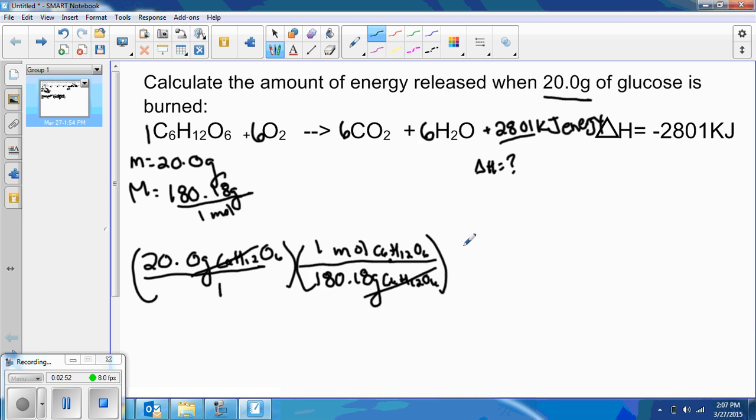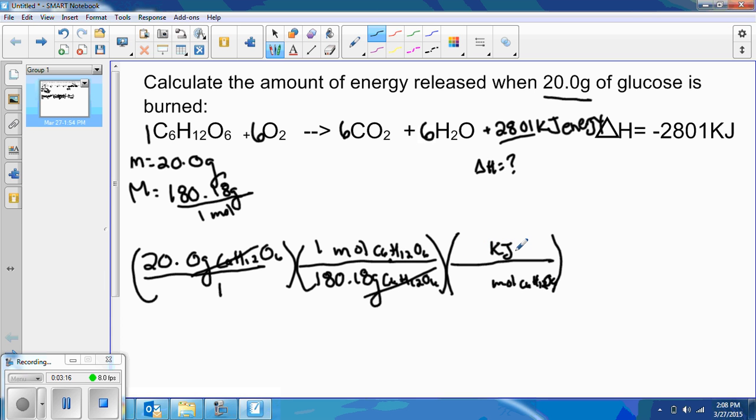At this step in a stoich problem is where you'd use your mole ratio. So you'd convert moles of your known to moles of your unknown. Well, rather than having moles of energy, we've got kilojoules, but we're going to set the mole ratio up the same way. So I want to have moles of glucose in the denominator so that I can cancel that out. And I want to have kilojoules of energy in the numerator.